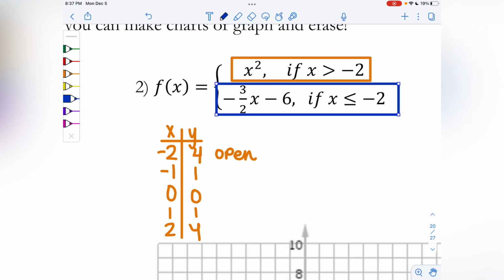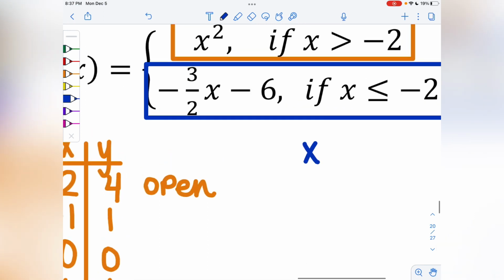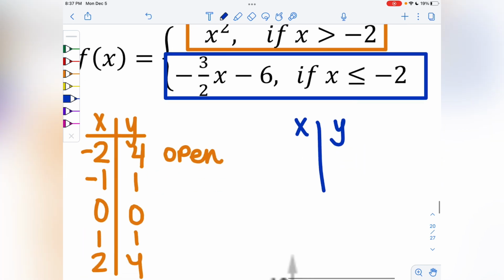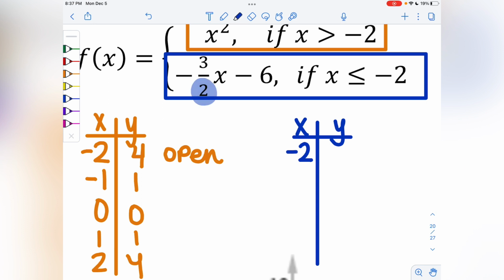Okay, is linear. I'm going to start my chart. You got to start it with the number -2. It is a must. Now, I have to pick numbers less than -2, and keep in mind, since this denominator is 2, I'm going to want to pick even numbers. So I'm going to go -4 and -6. Okay, plugging in, we get -3/2 times -2, which is +3 minus 6 is -3.